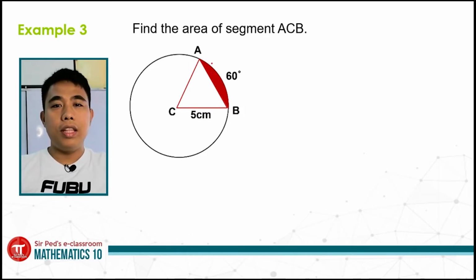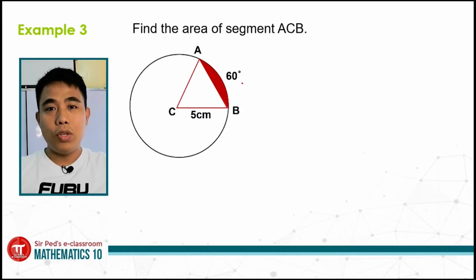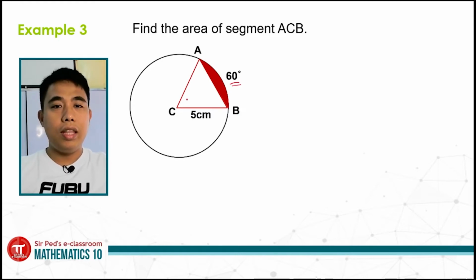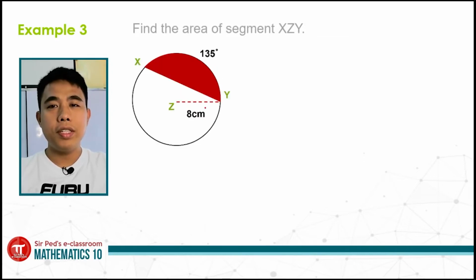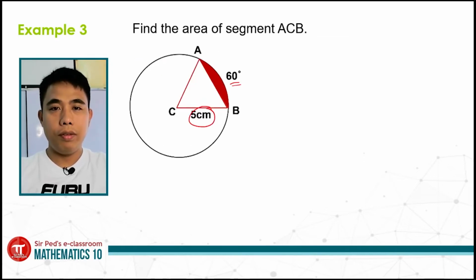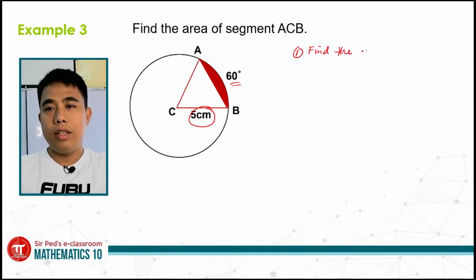Given is the intercepted arc AB, which is 60 degrees, and the measure of the radius of circle C is 5 centimeters. So first step is we are going to find the area of sector ACB.